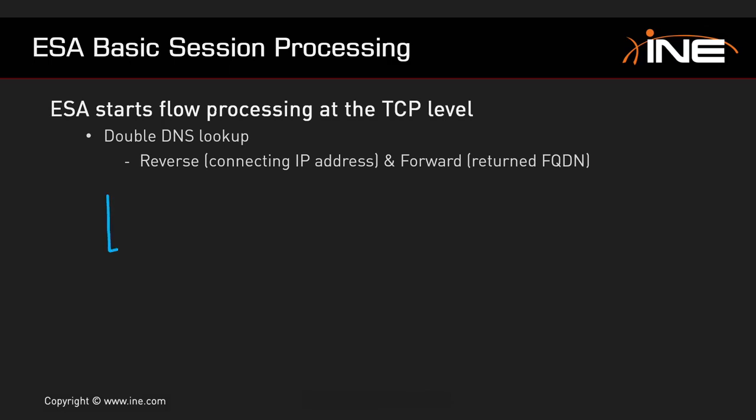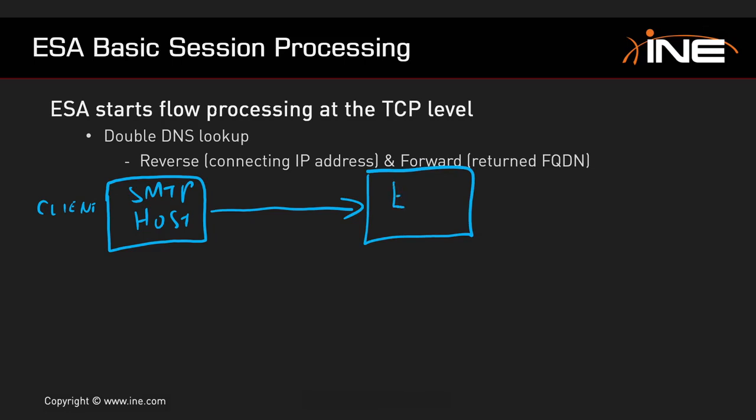Let's say that we have our SMTP host, or just a device which is going to act as a client in the session. So this is going to be an incoming connection to our ESA. And I'm going to say that the SMTP host uses IP address, let's say X. For simplicity, it's going to be X, not the actual number.